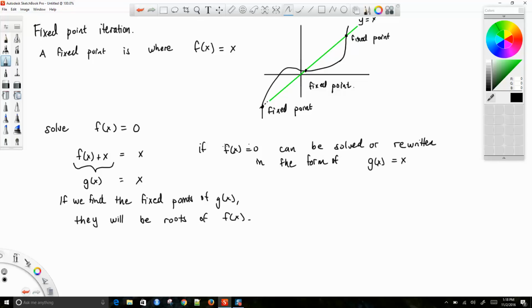So if somehow you can factor f of x or take out one of these x's, or if you've got an x term and you move that over to the other side or whatever, then again, solving this will give you solutions to this, okay? So if you can rewrite f of x equal to 0 into the form of something else equal to x, then solving for the fixed points of this will give us the roots of the original f of x, okay? Just want to make sure that's okay with everybody.